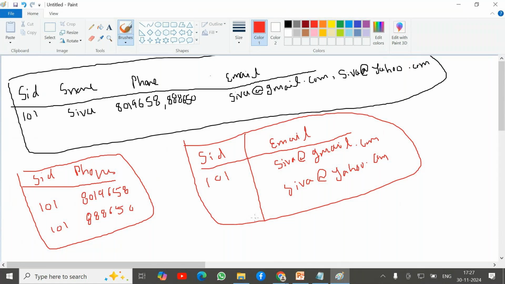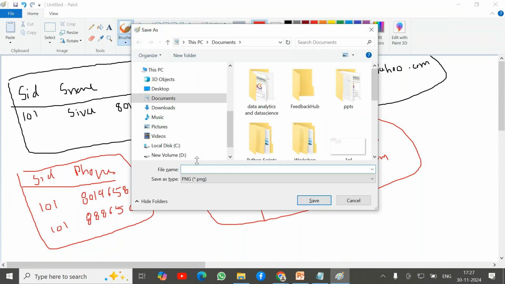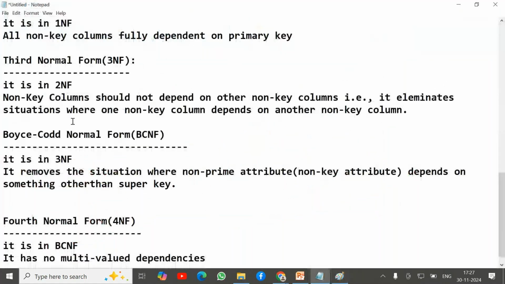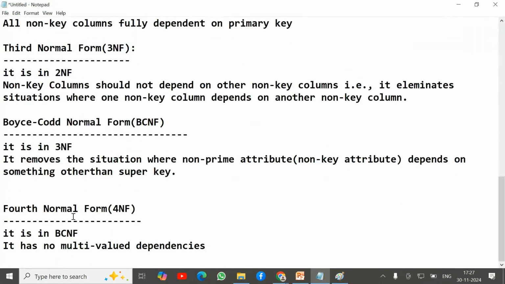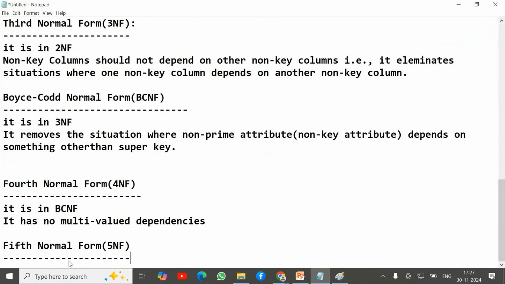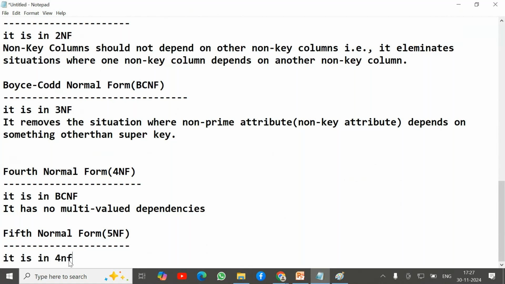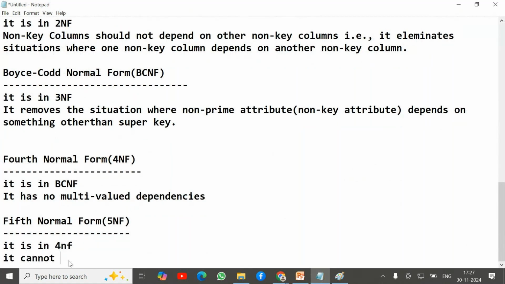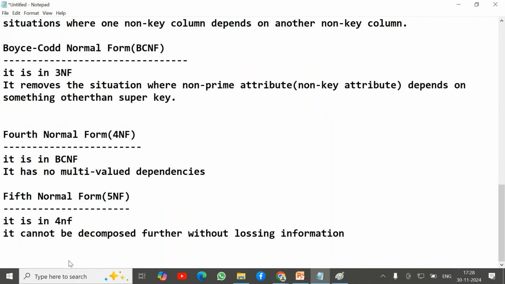Next, fifth normal form. It is in 4NF. It cannot be decomposed further without losing information. 5NF is about eliminating join dependencies.